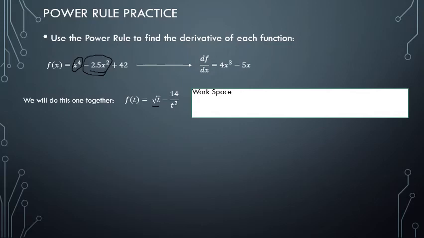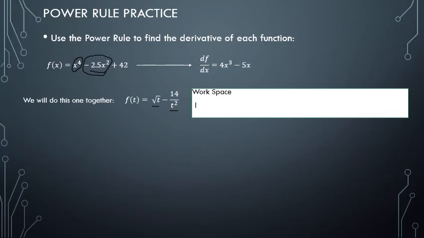And then we've got a negative exponent right here, right? When our exponents are in the denominator, they become negative. So that would actually be negative 14 times t to the negative 2. So let's write that here.